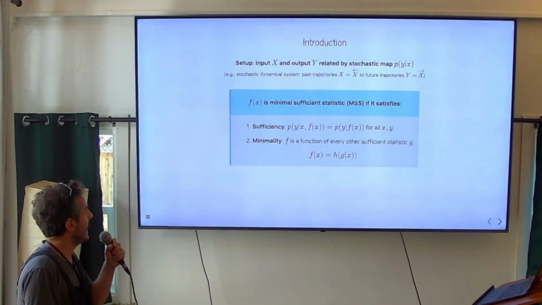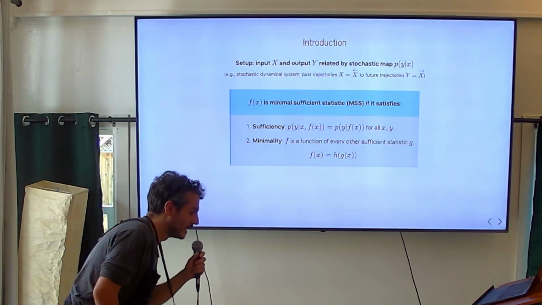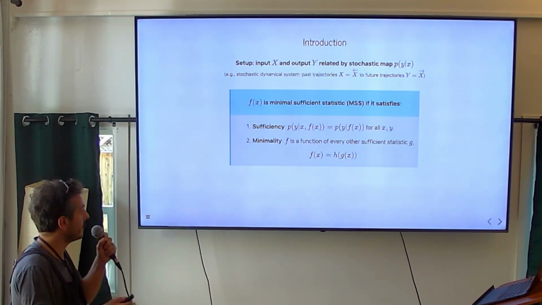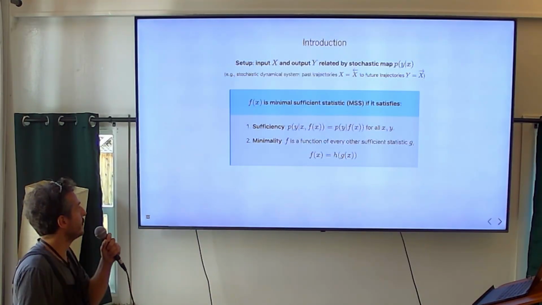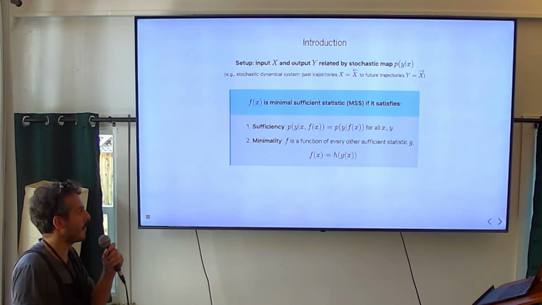I'm going to use this concept a lot during my talk, which is a minimal sufficient statistic, which I think many of you are familiar with. So we say that a function of X is a minimal sufficient statistic, let's say for Y, if it satisfies these two properties.